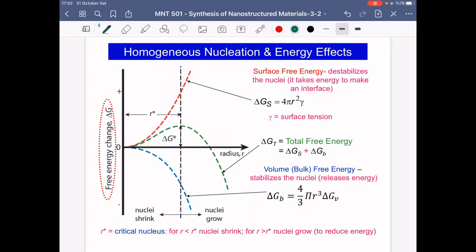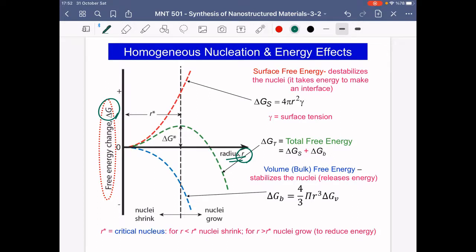And this is for homogeneous nucleation, of course. This is my radius as a function of free energy change delta G, okay? So this graph includes everything that I care about, delta G versus R.